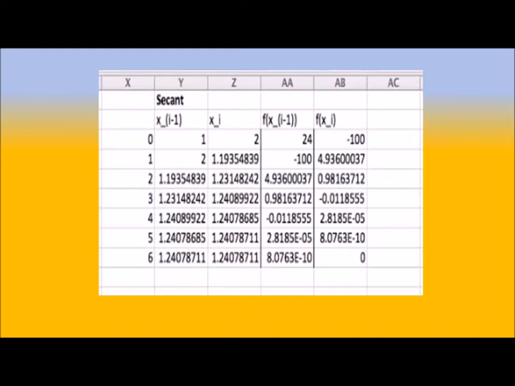Yes, so with the secant method, we get the answer after 6 iterations. So it is quite a bit faster than the bisection, but still slower than the inverse quadratic. So this is the comparison with the other methods of inverse quadratic.